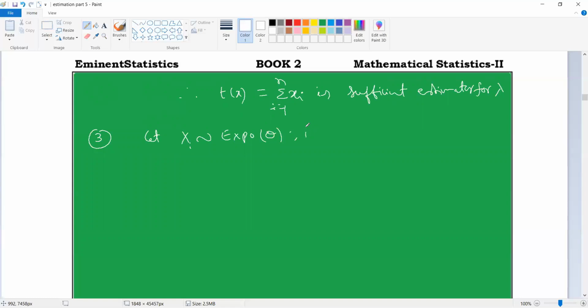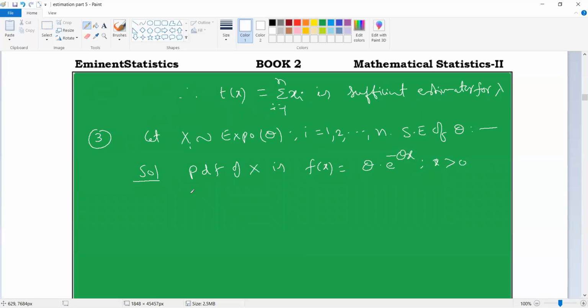The xi's are IIDs, i equal to 1 to n. Find the sufficient estimator of theta. The PDF of x is f(x) equal to theta into e^(-theta x).